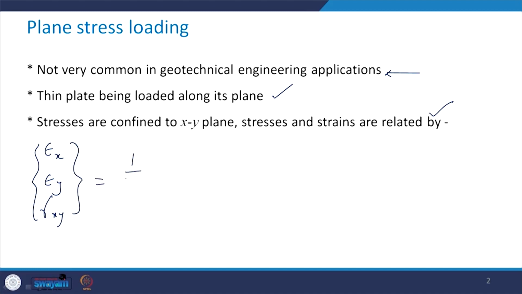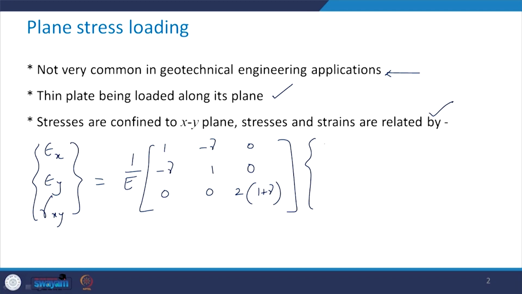This is equal to 1 upon E, matrix 1 minus nu 0, minus nu 1 0, 0 0 2 times 1 plus nu, and this will be multiplied by the stress vector, which is sigma x, sigma y and tau xy. So, this is how your strain vector is related to the stress vector.